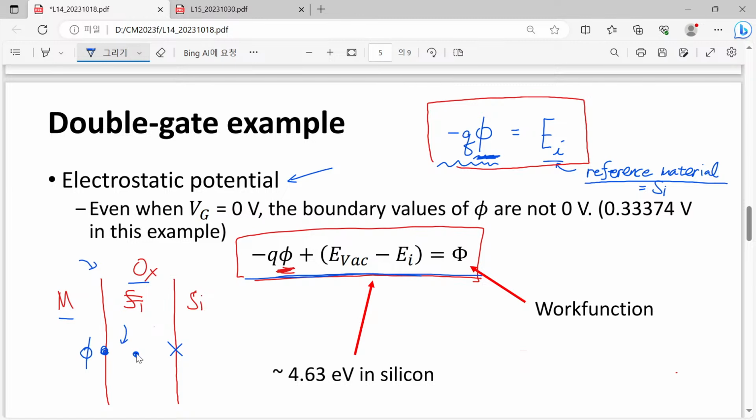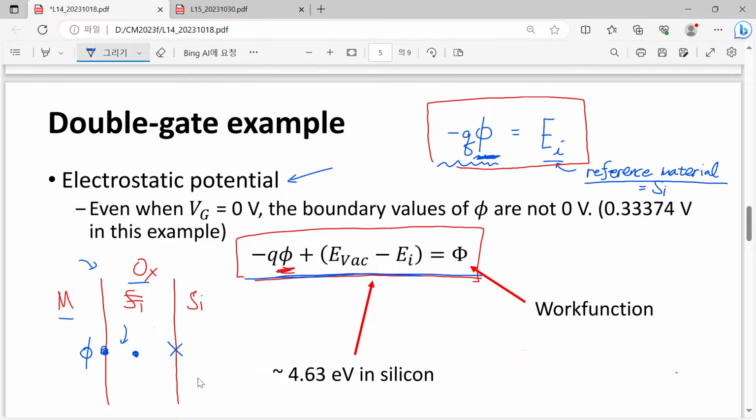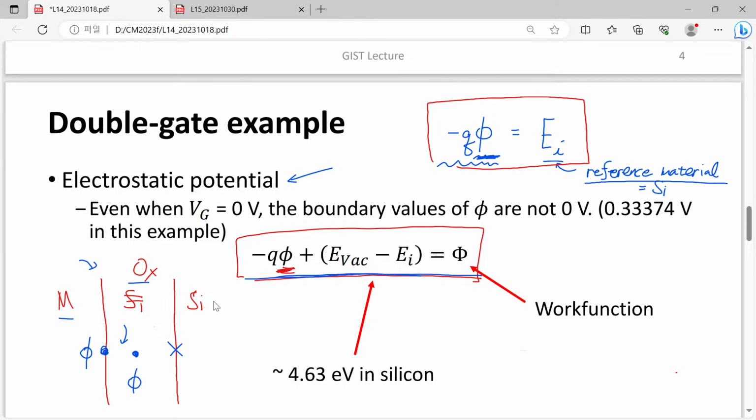For example, when we have a certain oxide node here, then it is easy to say that, okay, this electrostatic potential is trying to point out the intrinsic Fermi level of oxide, but unfortunately it's not. And even in this oxide layer, our electrostatic potential phi tries to point out the intrinsic level of the reference material silicon. So that gives quite a few advantages when we really implement this TCAD tool.